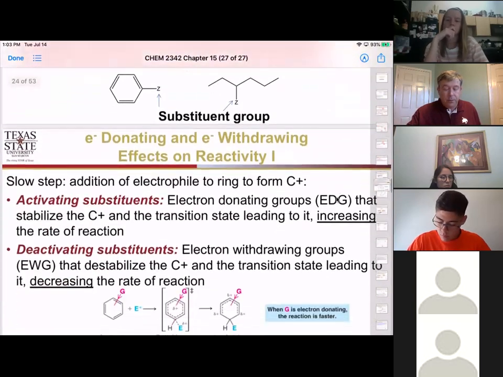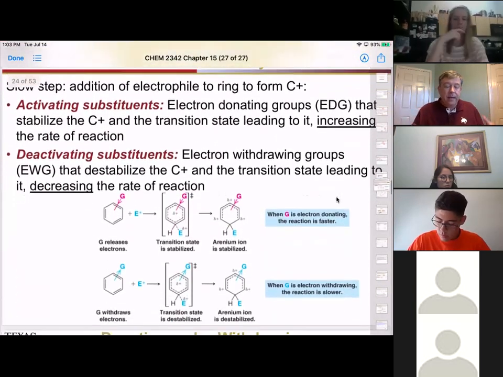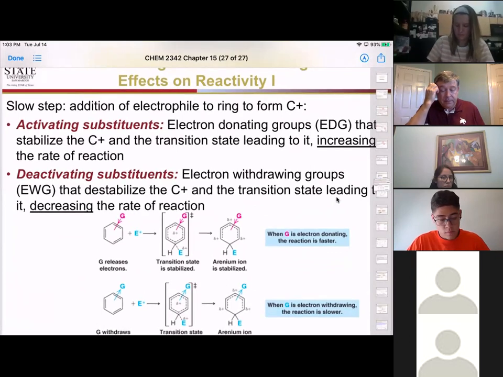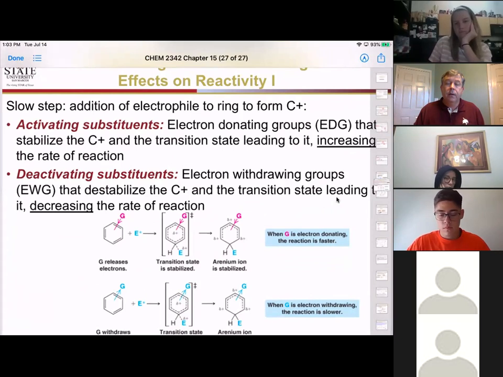Okay, so in the case of this, the generation of the electrophile on the ring forms that carbocation. Once we form that carbocation, if you can stabilize that cation, it leads to an increase in the reaction rate. Okay, so if we have a cation there and we have some group that can donate electron density or maybe even contribute in the resonance structure, it will activate the substrate.